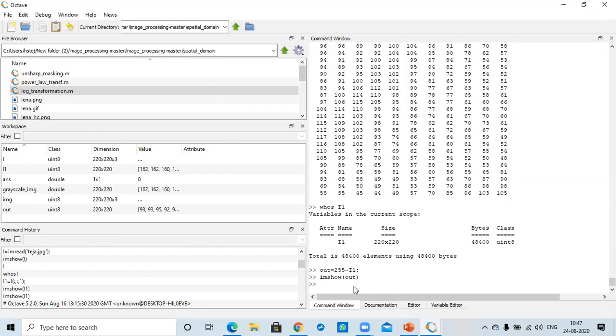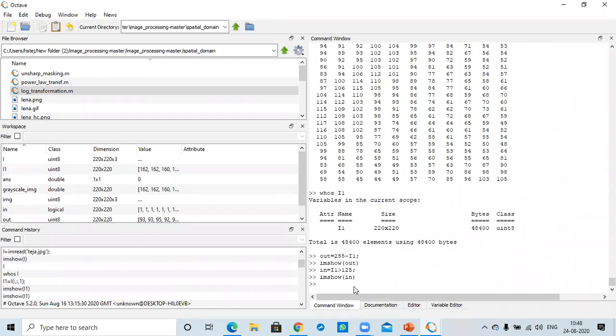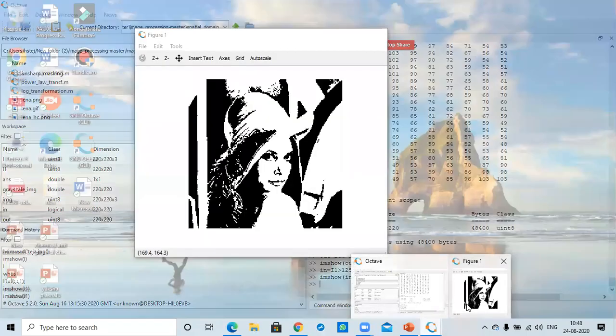And for example, I can find the black and white picture also. IN, for example, is equal to I1 greater than some value, say 125.